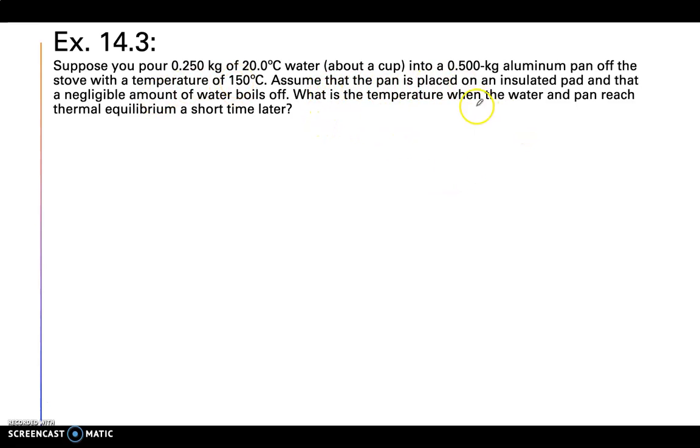Assume that the pan is placed on an insulated pad and that a negligible amount of water boils off. What is the temperature when the pan and the water reach thermal equilibrium a short time later?